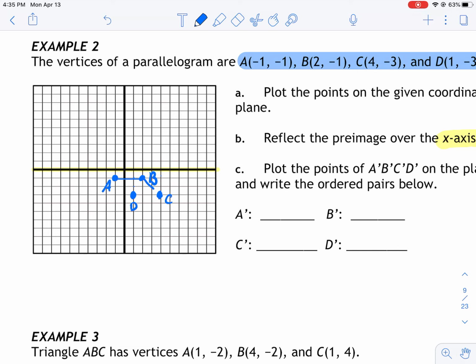So this is C. That's D. Connect your points together, get your parallelogram. Okay, and then reflect that parallelogram over the x-axis. I'm going to pause for a second and give you a chance to try that on your own, and then I'll tell you the answers in just a minute.